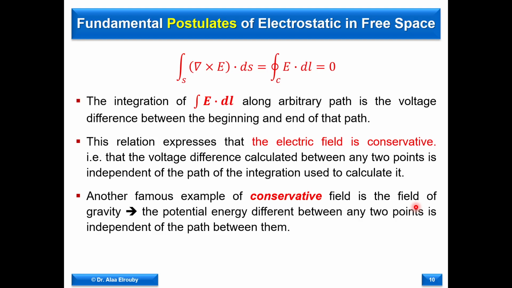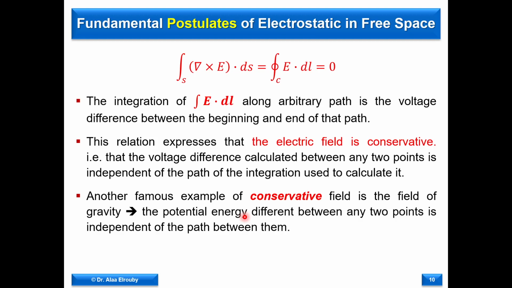A very famous example of a conservative field is the gravity field of Earth and the potential energy. Any object at any point has a fixed, single value of potential energy that depends on how high it is from the sea level.